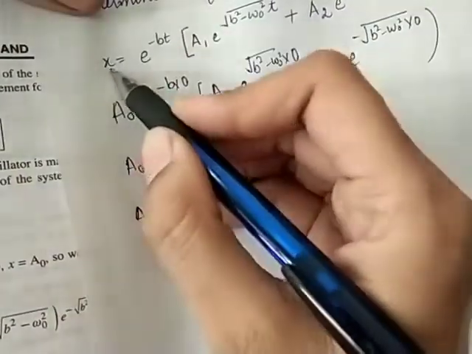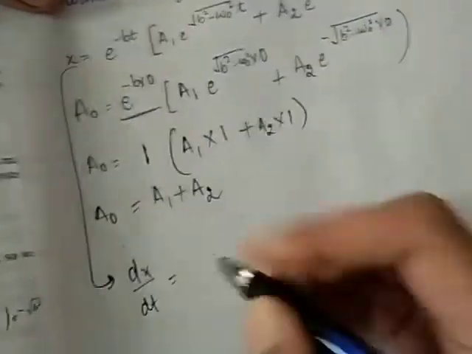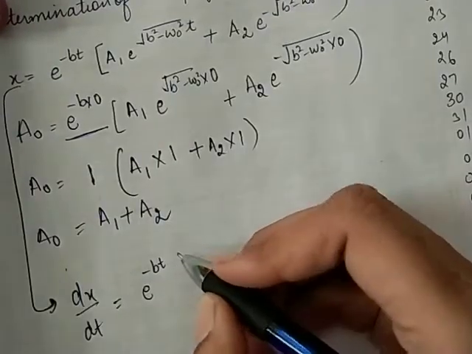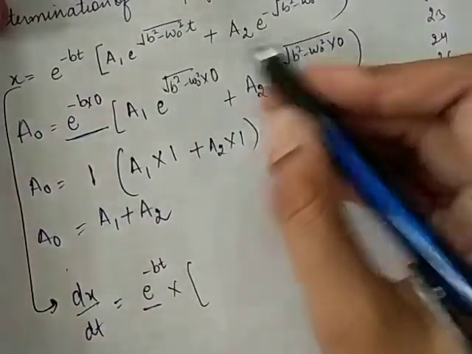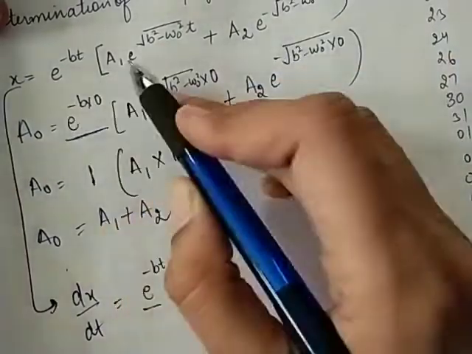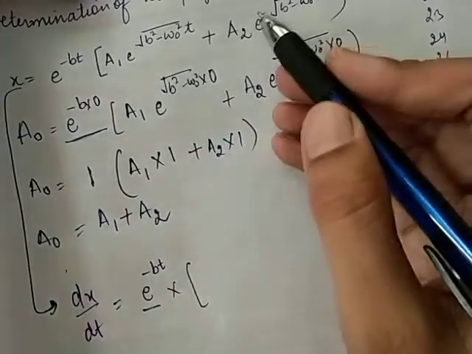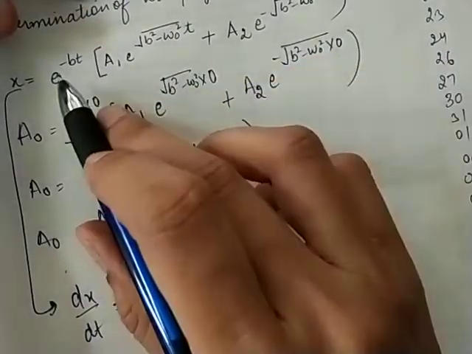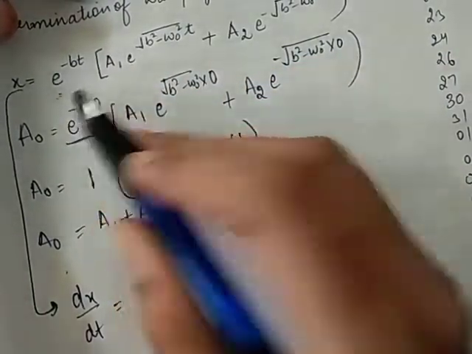When we differentiate this equation, we will get dx by dt is equal to e raised to power minus b into t. We take this as one function and the other as the second function, like u into v. We first differentiate the v part, write the other part as it is, and then differentiate with respect to t the u function.